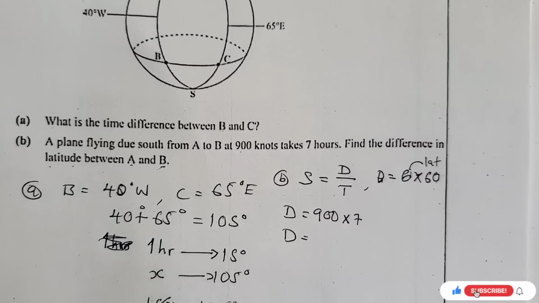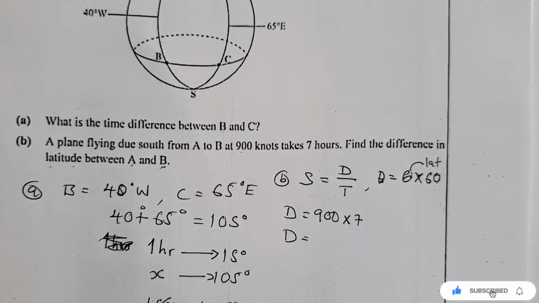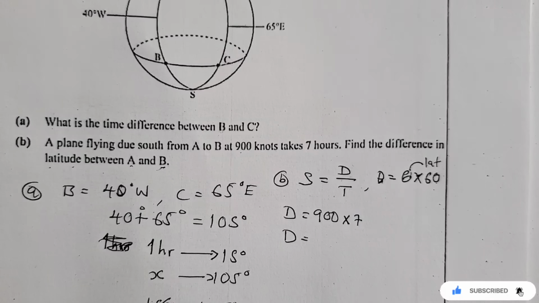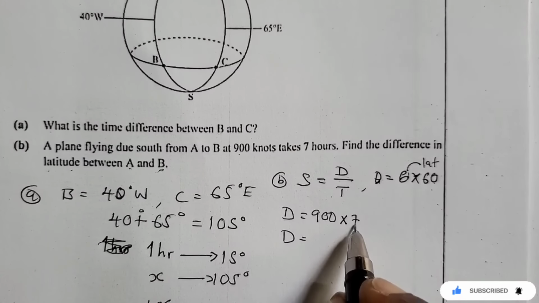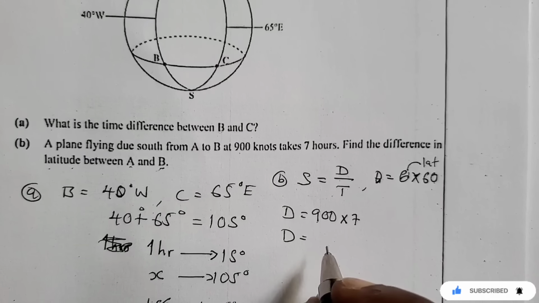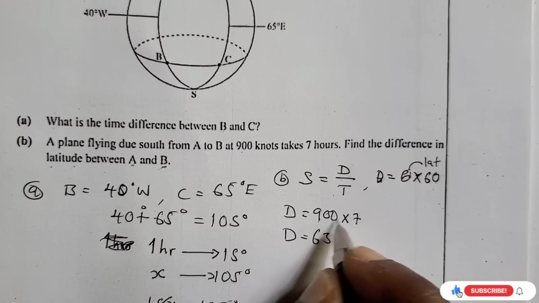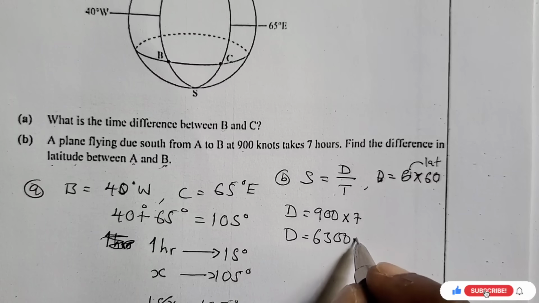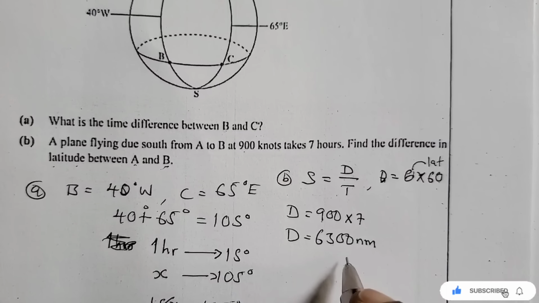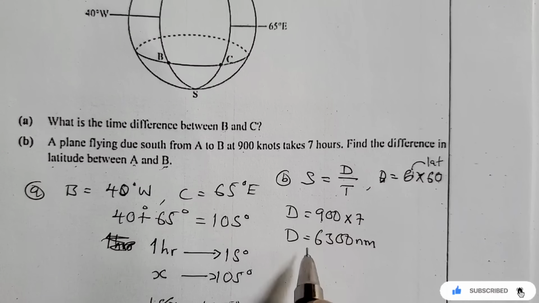So 900 times 7 is the same as 7 times 9, which is 63, then you have 2 zeros. This is the distance in nautical miles, 6,300. So we have found the distance.